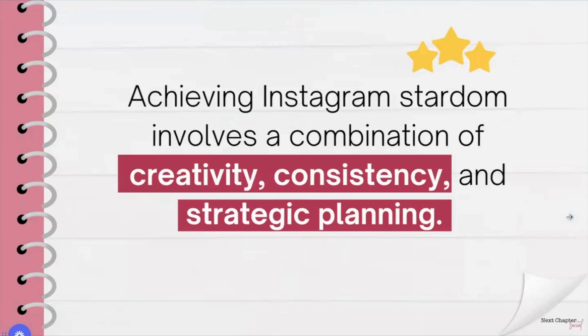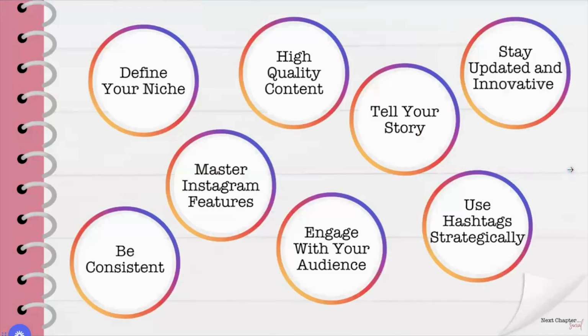Achieving Instagram stardom involves a combination of your creativity, being consistent, and strategic planning. With Social Simplified, you have your strategic planning, you have your consistency, and with using photos, filters, and edits, now you can have the creativity too. Just make sure that you are going to define your niche.